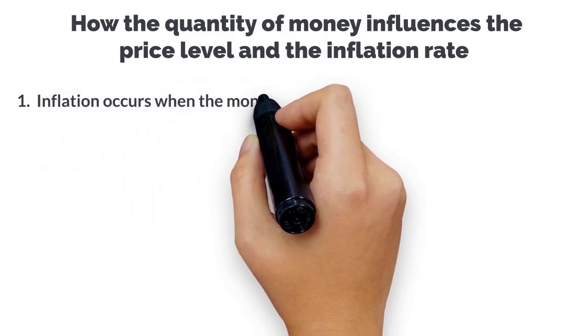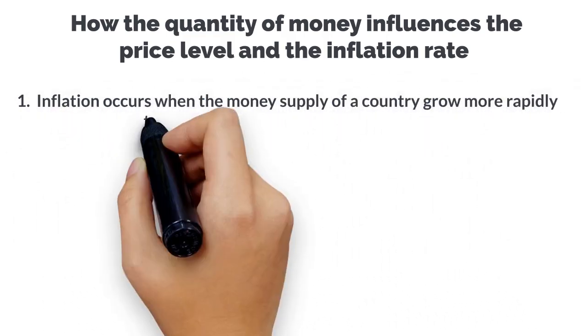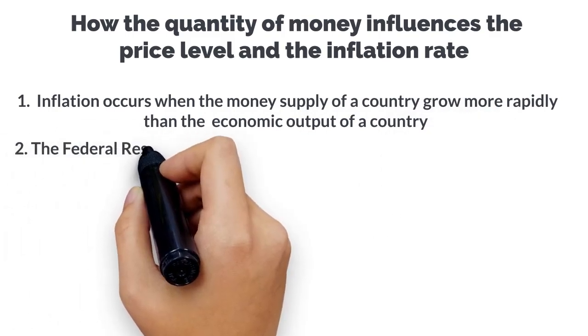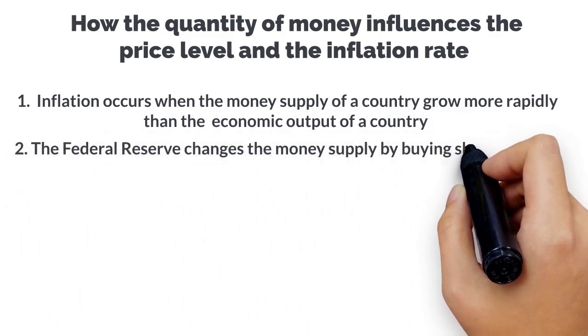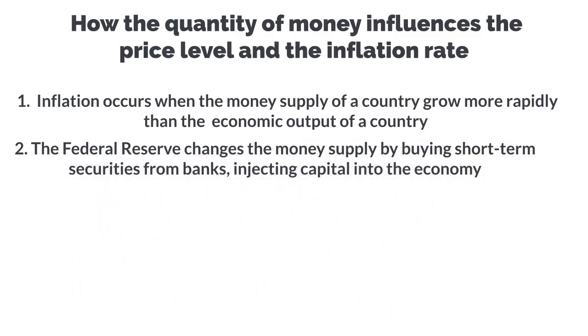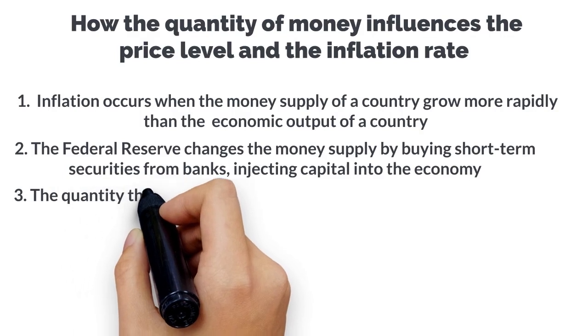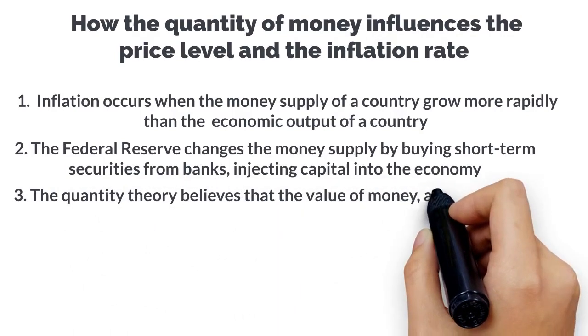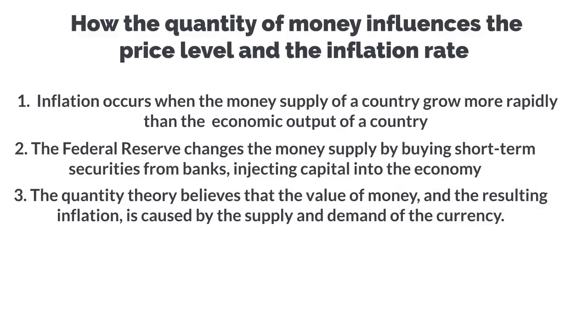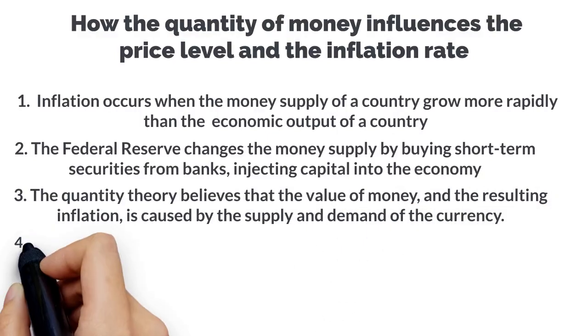1. Inflation occurs when the money supply of a country grows more rapidly than the economic output of a country. 2. The Federal Reserve changes the money supply by buying short-term securities from banks, injecting capital into the economy. 3. The quantity theory believes that the value of money and the resulting inflation is caused by the supply and demand of the currency. 4.